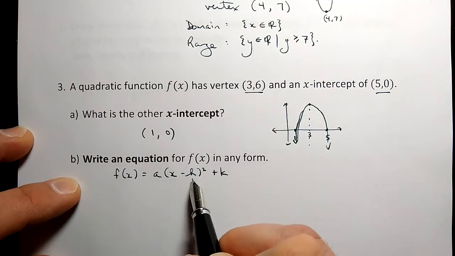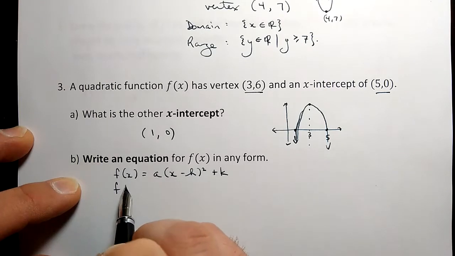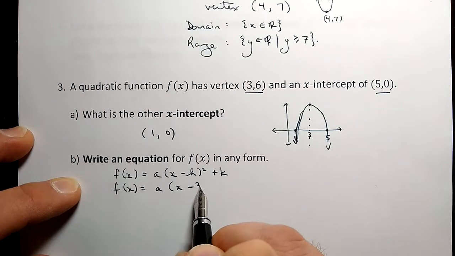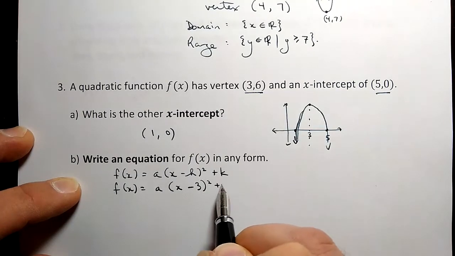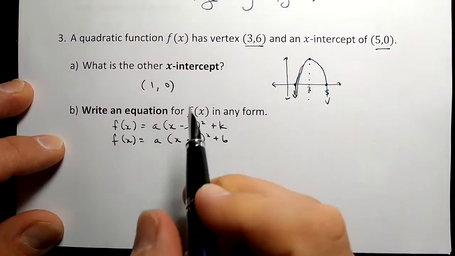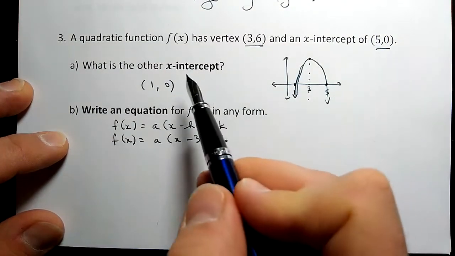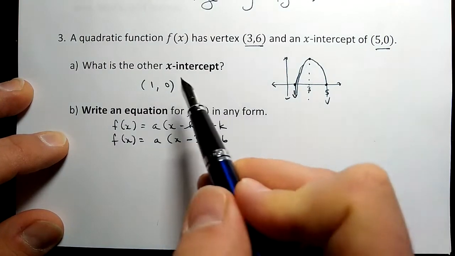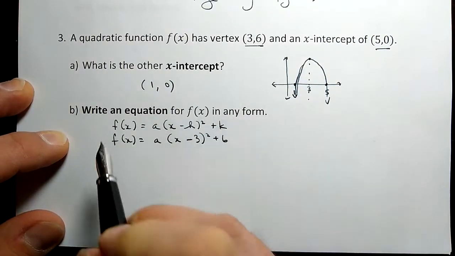We do know h and k, the x and y values of the vertex. So here we have a partially completed equation with 3 for h and 6 for k. Now we know two other points, 5, 0 and 1, 0. I'm going to use 5, 0 since it was given to me. If I made a mistake figuring out 1, 0, I don't want to use that one.